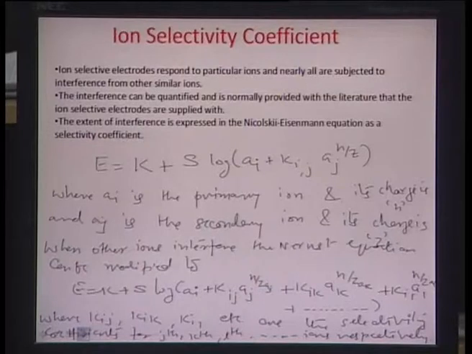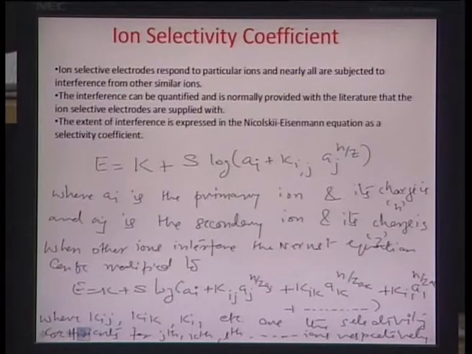There is a set of equations called the Nicolsky-Eisenman equation, which is used for predicting the EMF value of such components together in an electrochemical solution, and the effects of those components on the measured EMF of such a solution.